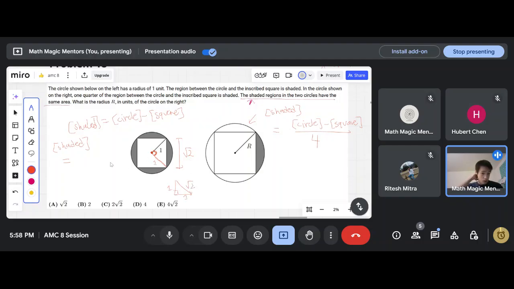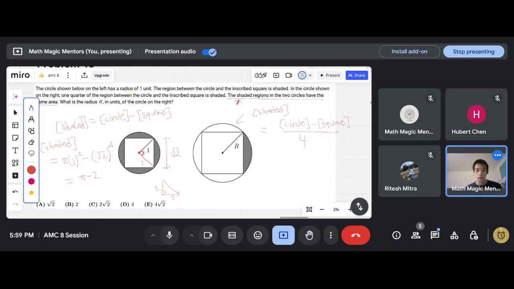So the side length of the square is root 2, and squaring that gives the area of the square. Sorry, I was finding the area of the square, so you're subtracting that here. The area of the circle is pi times 1 squared, because the radius is 1. This gives us pi minus 2.